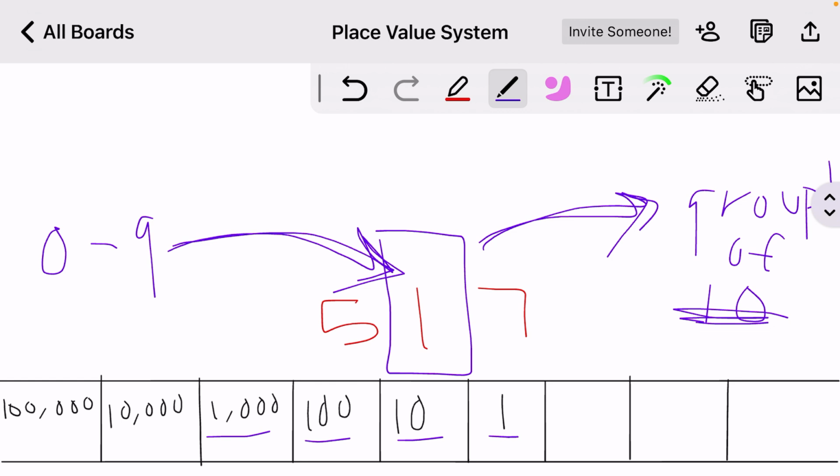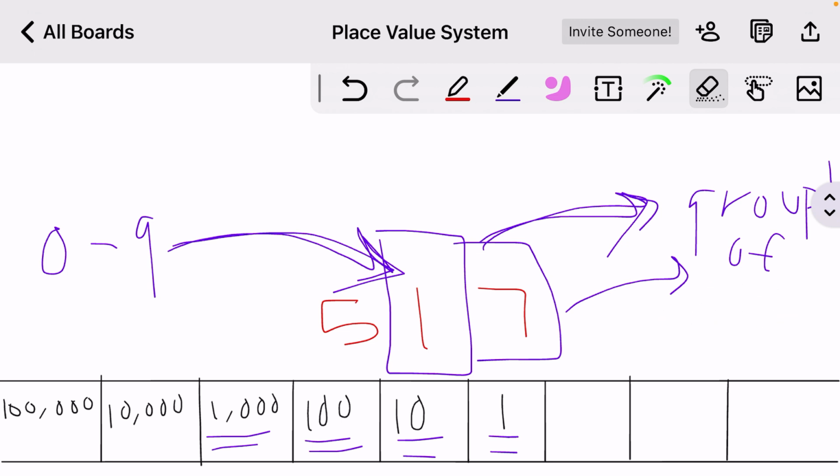Decimal means every place is a multiple of 10. So we got our ones place, it's 7 in the ones place. So this is 7 groups of 1. And for this tens place, I'm going to do that in a different color. We got 1 group of 10.